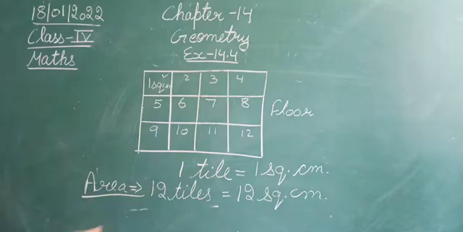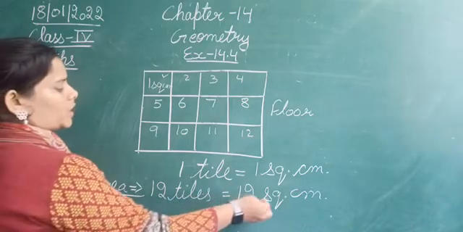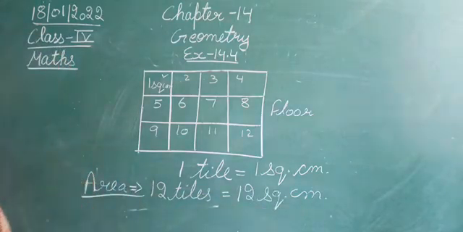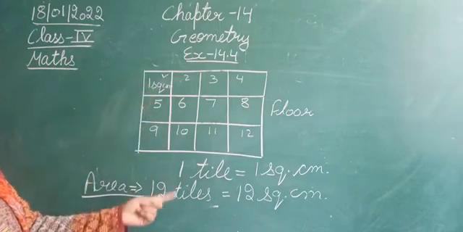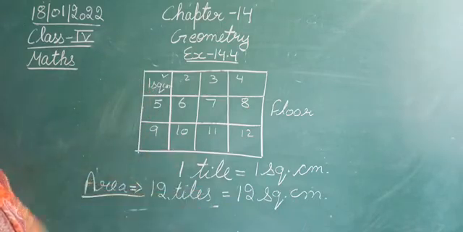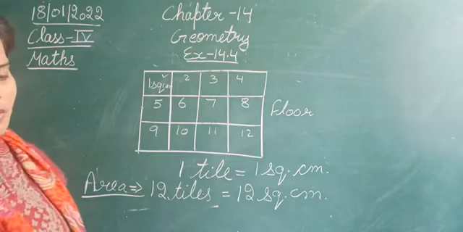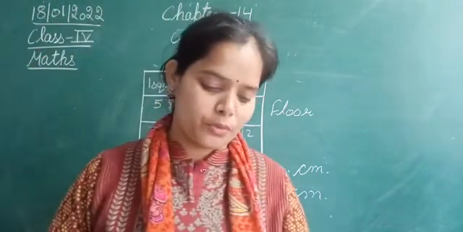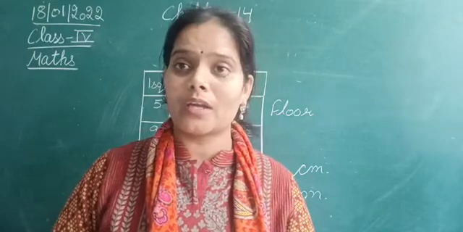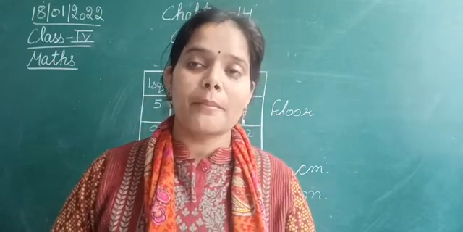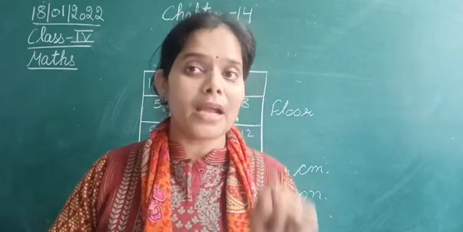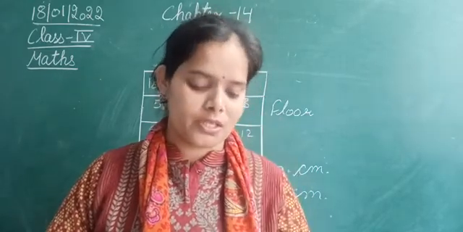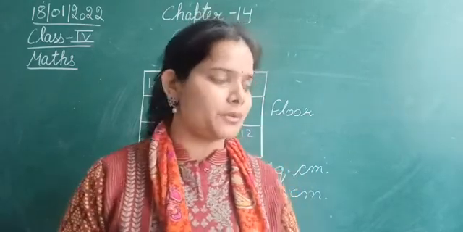So the area of the floor is 12 square centimeter. Similarly, in this exercise 14.4, various figures are given, and you have to find the area of the various figures by counting the number of squares. Okay, so let's find out.